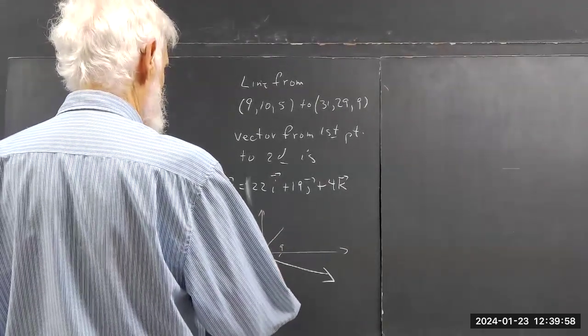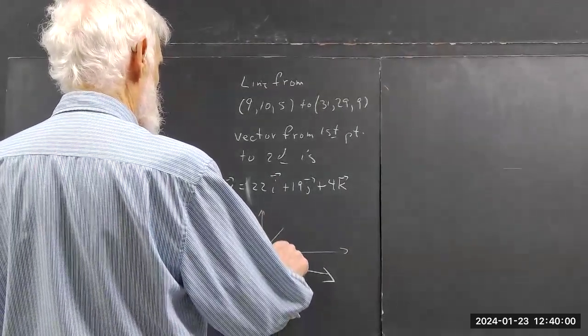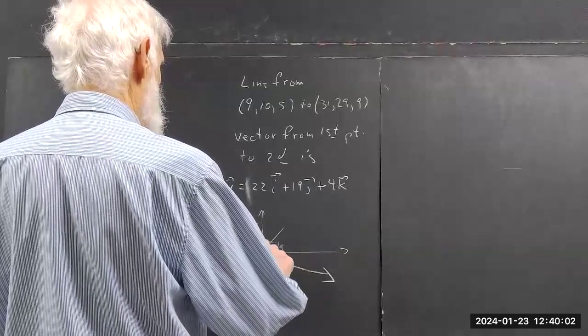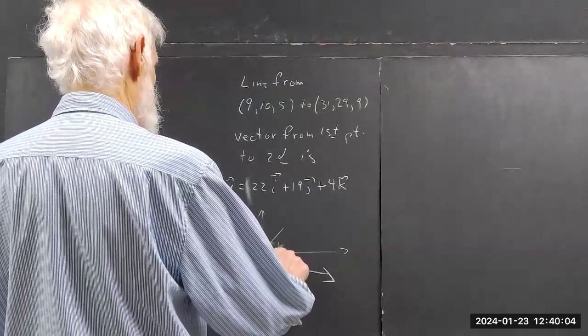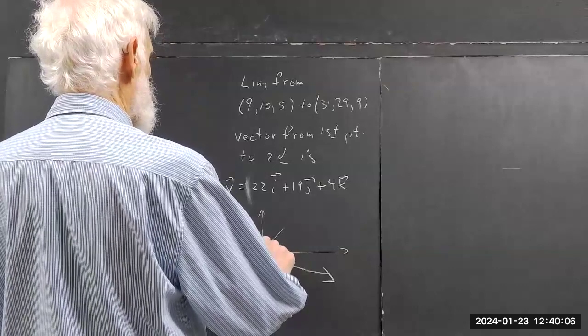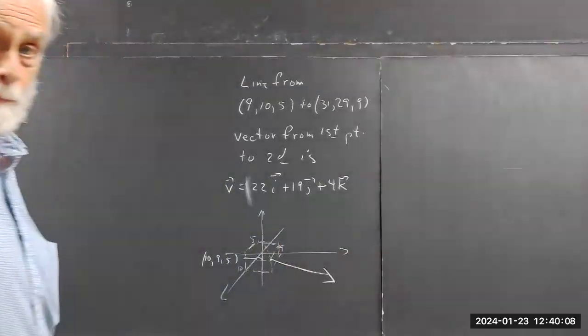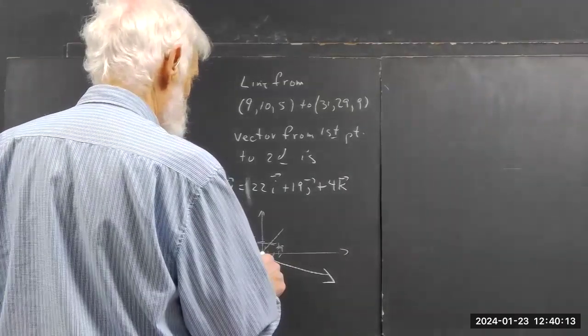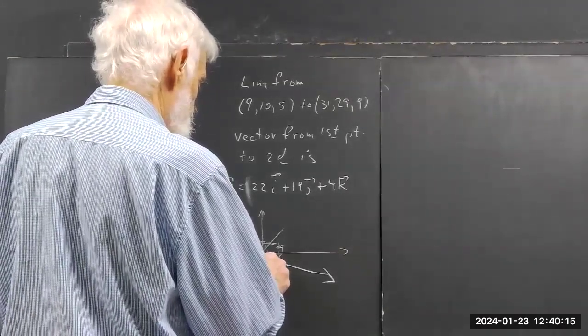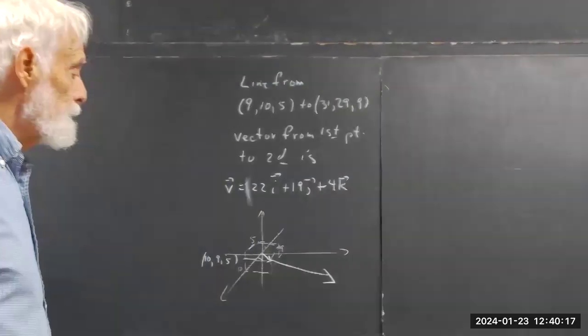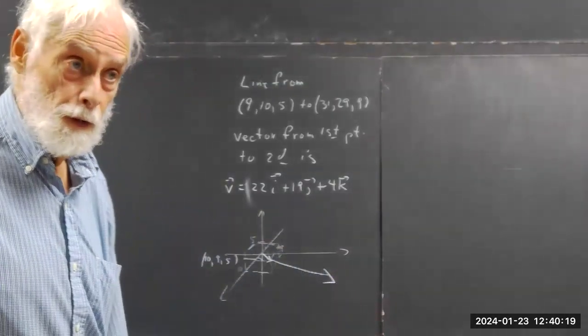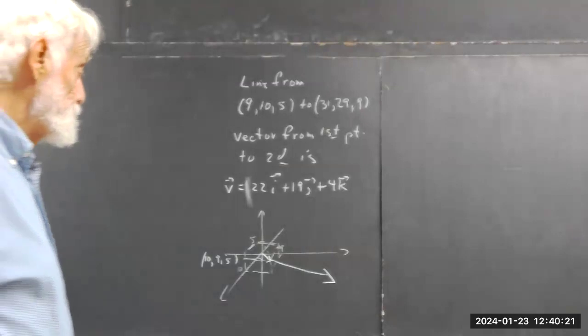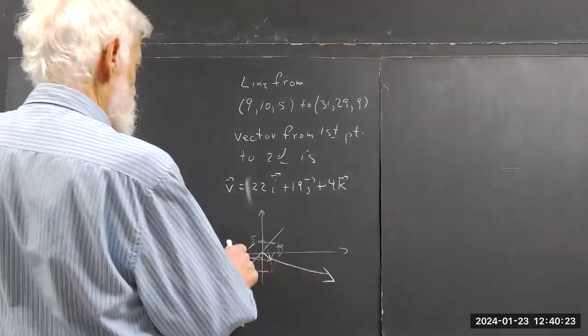And you can even complete a rectangular solid through these points to help make sense of them, right? And you can say, okay, well, there's a vector that goes from the origin to this point, and then a vector here that goes along the line. Then the line continues.